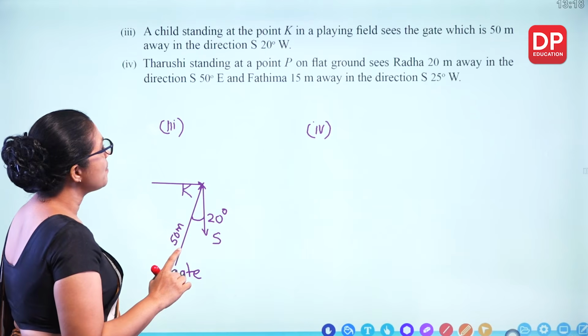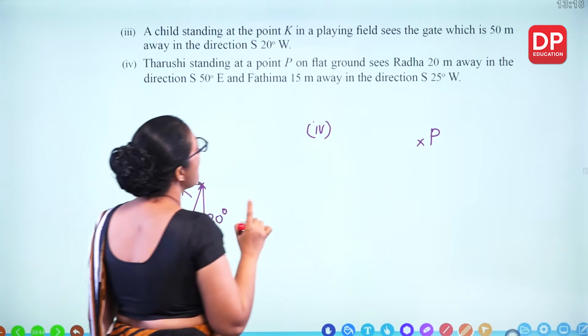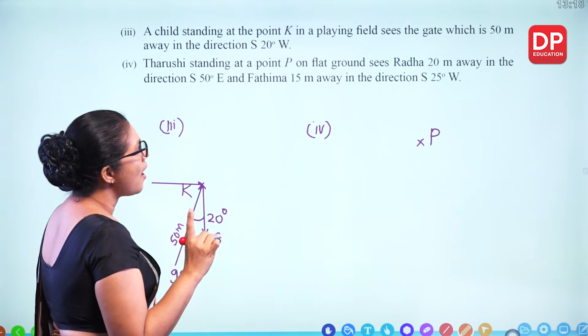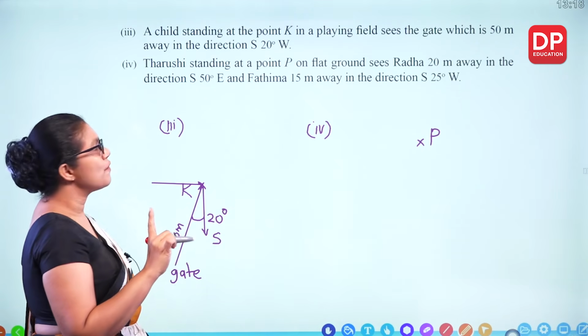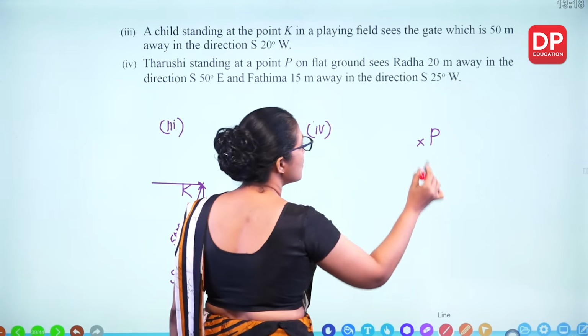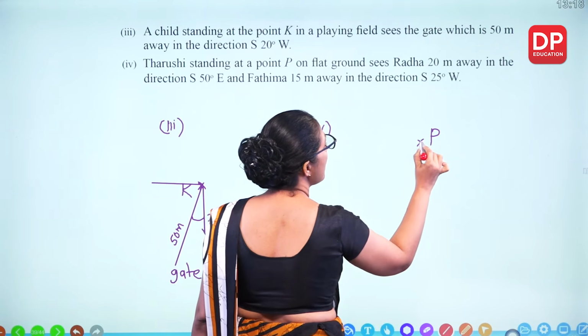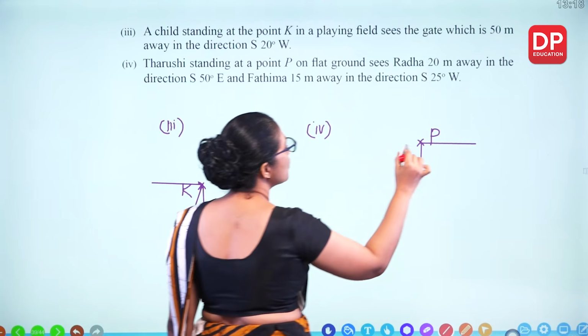Fourth one, Tarushi standing at a point P. So we'll say this is P. On a flat ground sees Radha 20 meters away in the direction south 50 degrees east. South and east. We need to draw south and east 50 degrees from south.